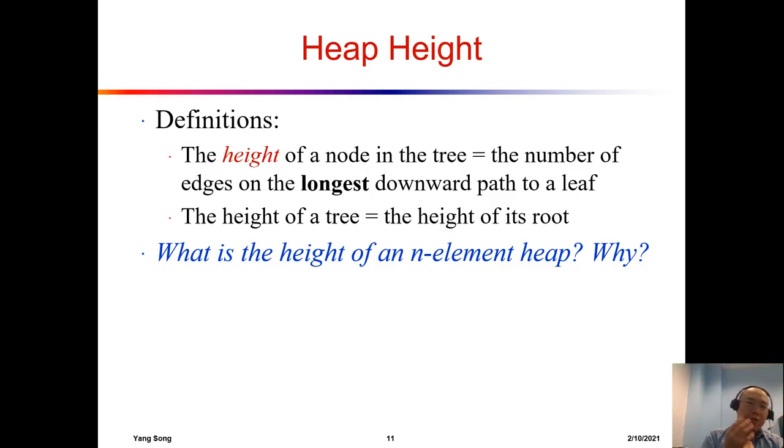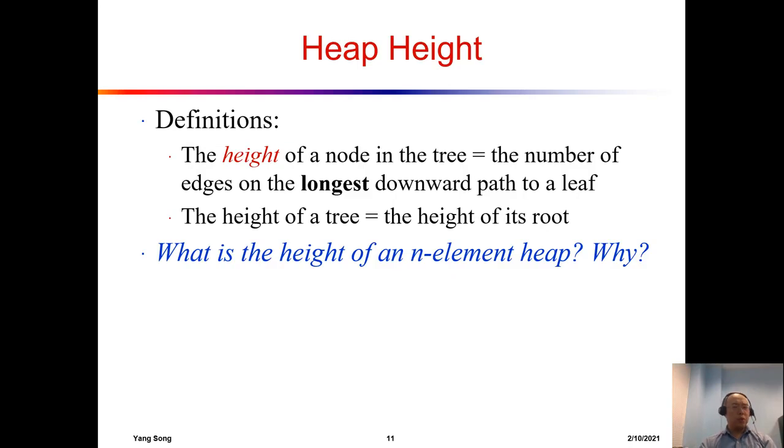If we have 4, 5, 6, or 7 nodes, this means we have one level, the second level, and then the third level. So we have 3 levels, but remember we are counting the number of edges for the longest path. So 2 edges, and then the height will be 2.